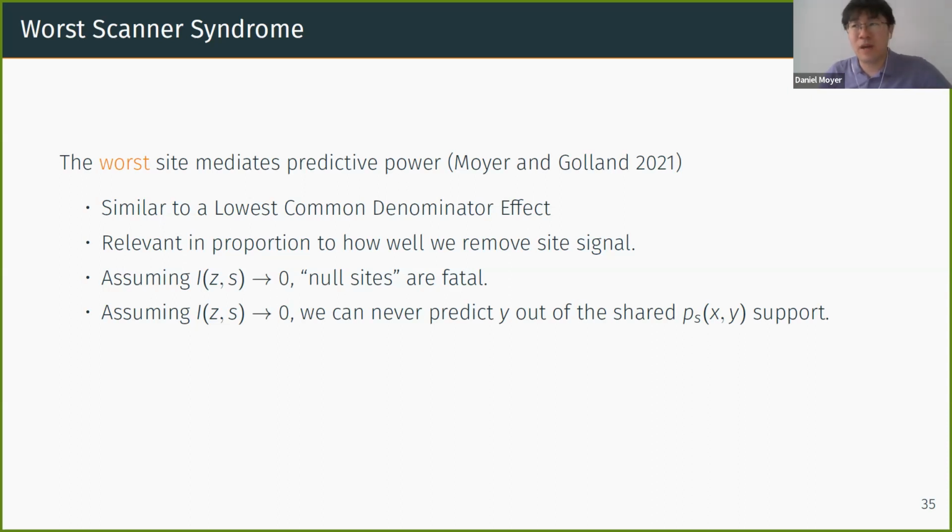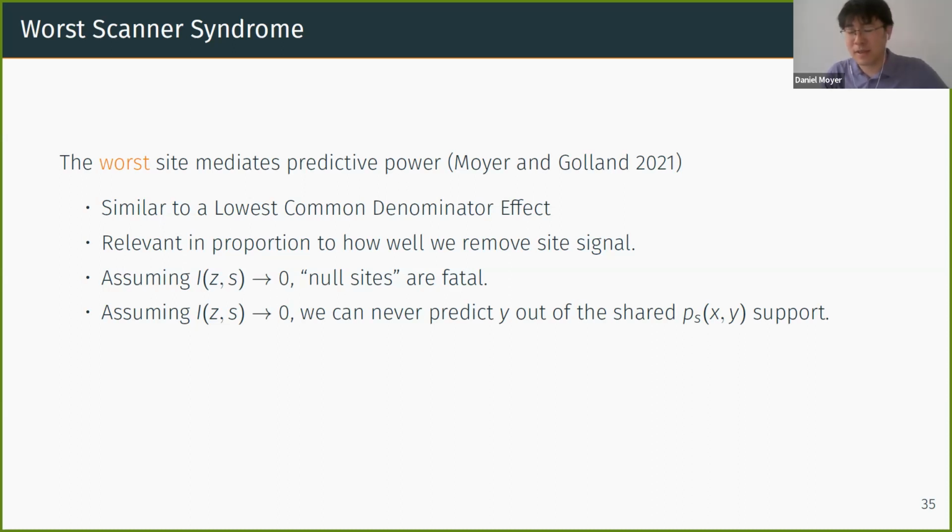But if you have a null site, so somebody gave you knees instead of heads, and you're trying to do neuroimaging, but secretly the site from, I don't know, Duke or UCLA gave you a whole bunch of knee scans, you can never do better than 0, right? Unless you find out that they gave you bad scans and remove them from the data set.